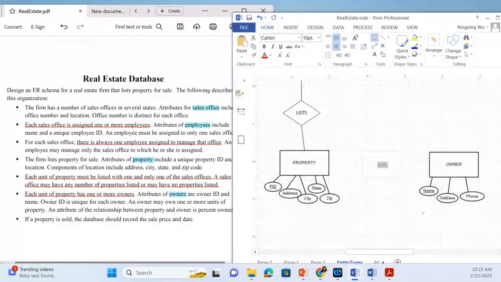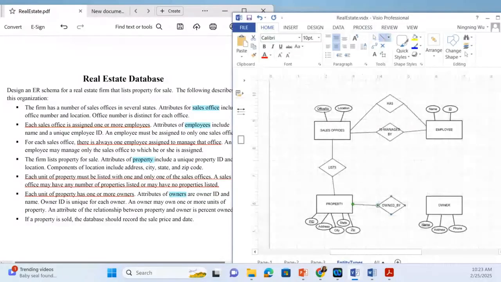For example, I use "owned by." So property is owned by an owner.